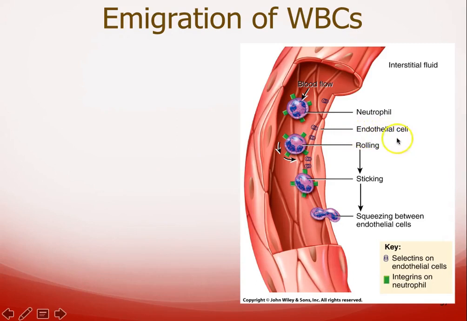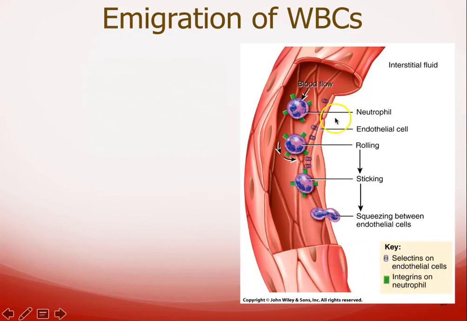There are selectins, which are on the endothelial cells, and then there's something called integrins on the white blood cell. And in this image, we're talking about neutrophils.